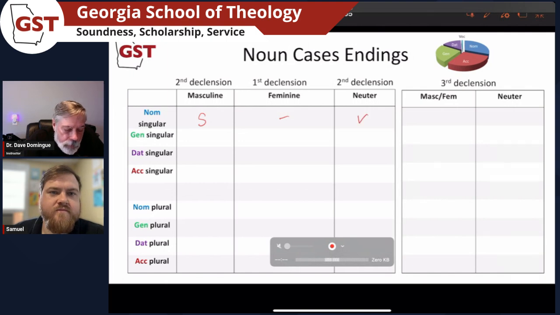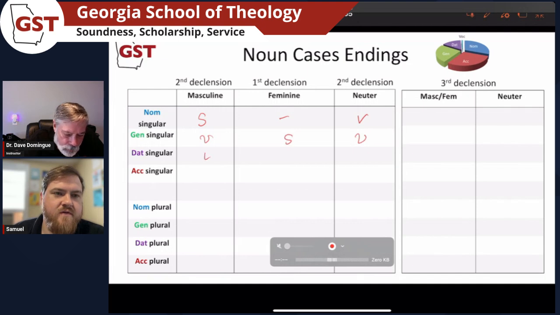And what about the genitive? You want to sing the song? Upsilon. Sigma. And then upsilon. And next? Iota subscripts.